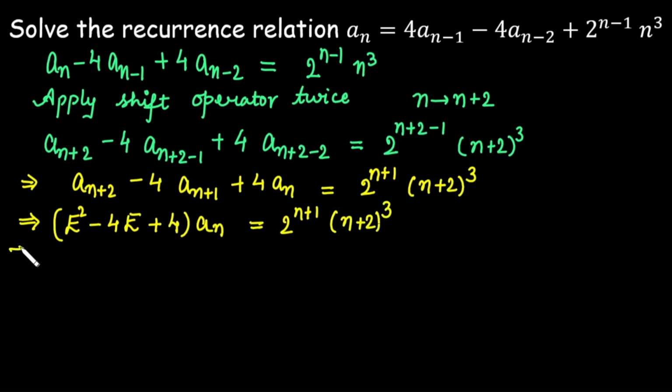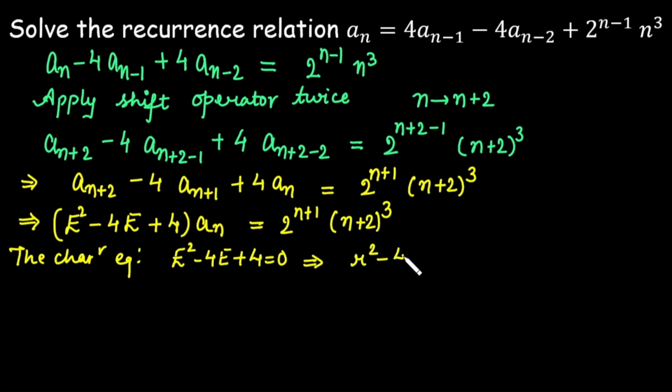From here the characteristic equation is E square minus 4E plus 4 is equal to 0, and in terms of r, it is r square minus 4r plus 4 is equal to 0. Now what are the roots in this case?